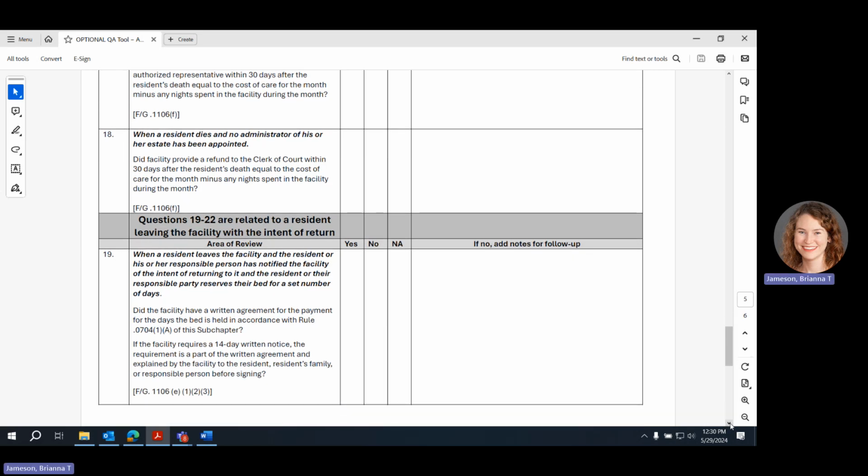Questions 19 through 22 are related to a resident leaving the facility with the intent to return.